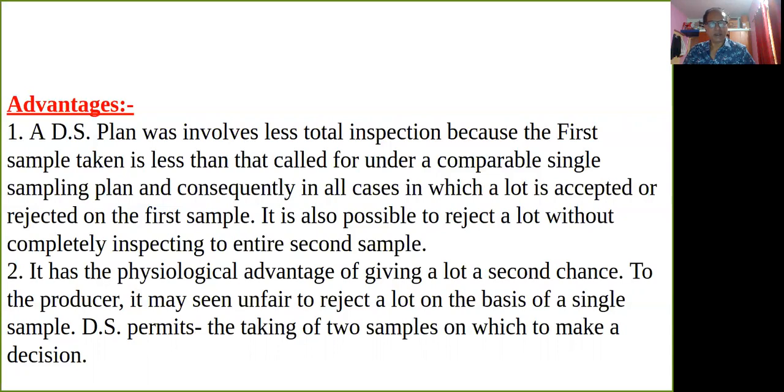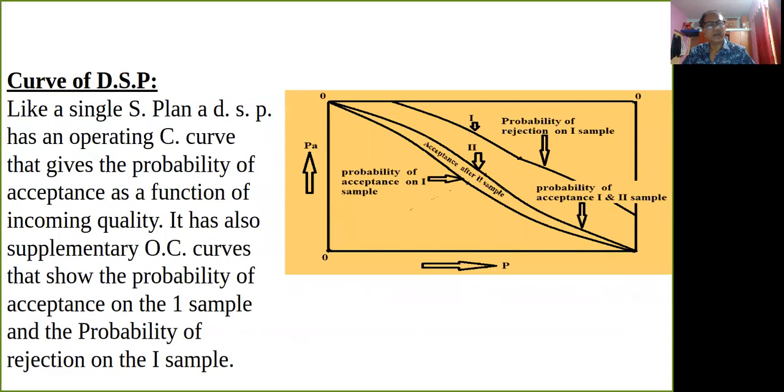The double sampling plan permits taking two samples on which one makes a decision. In the single sampling plan we take one sample; here we are taking two samples. So there is less chance of rejection because of the two samples.